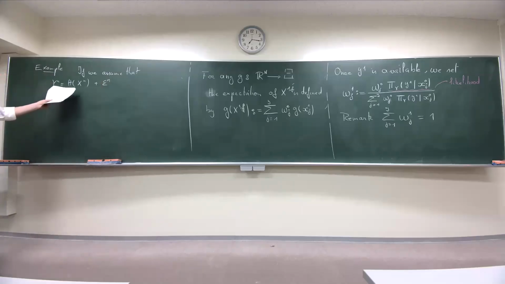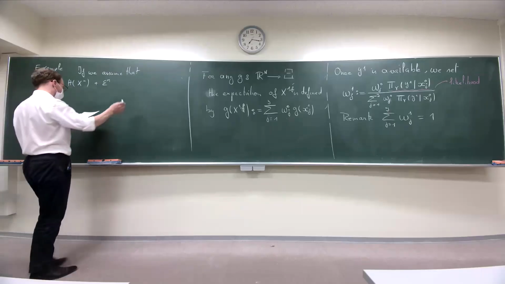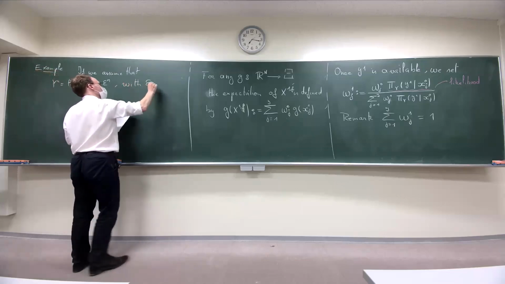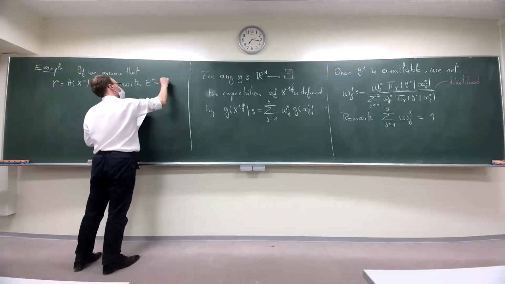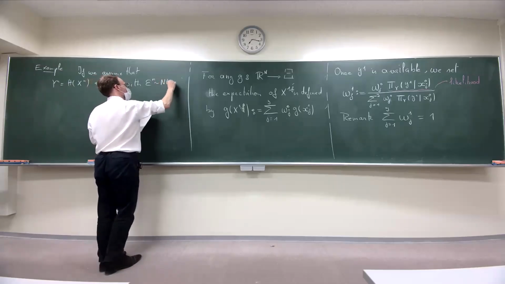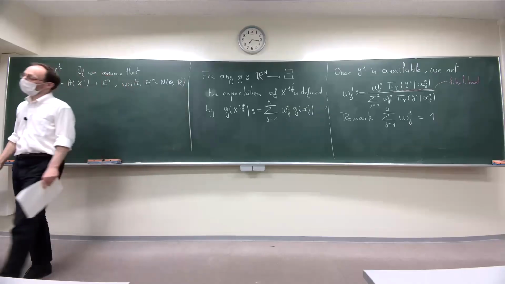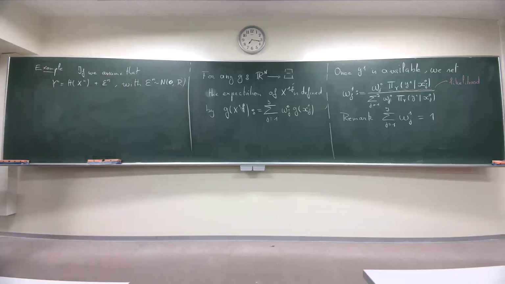So I simply erase the explicit dependence here, and I will assume that the epsilon n follows a normal 0. And this is quite a natural assumption that your error follows a Gaussian. So this is not so strong.